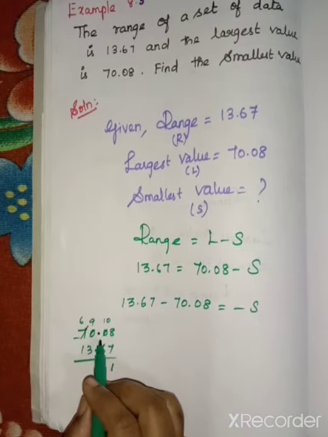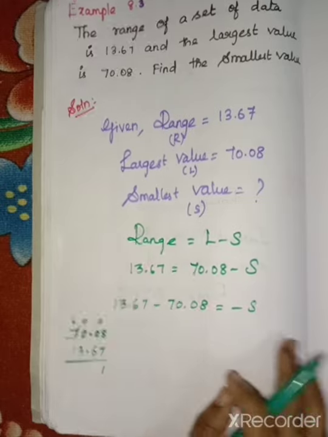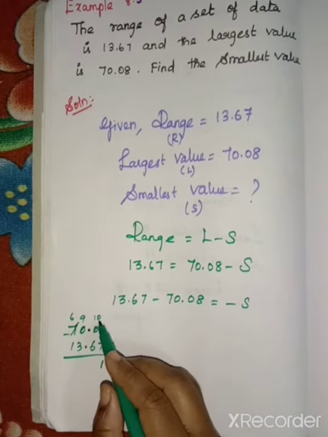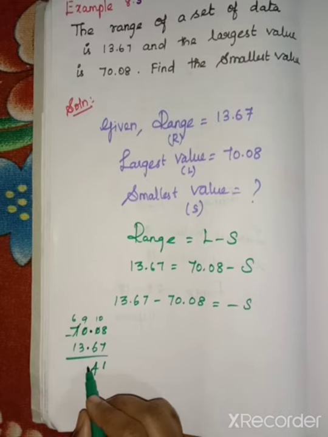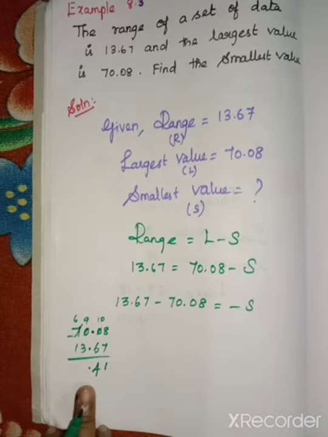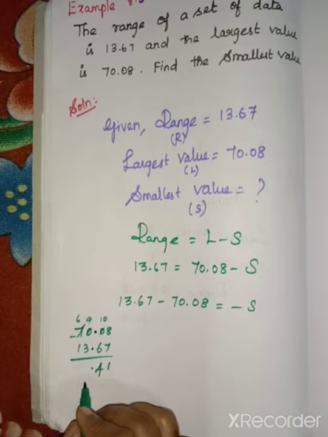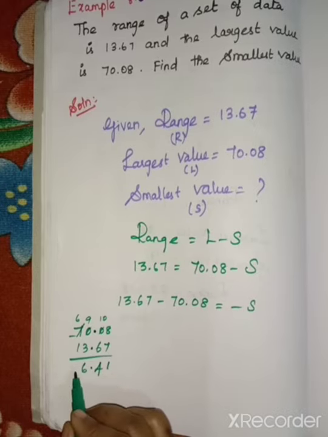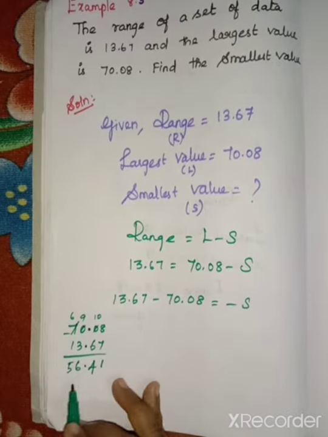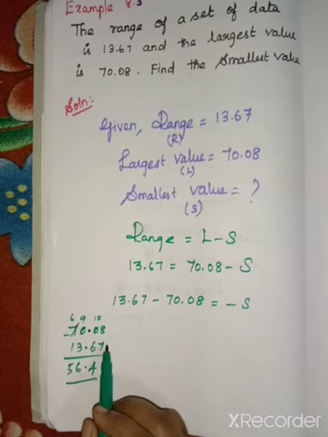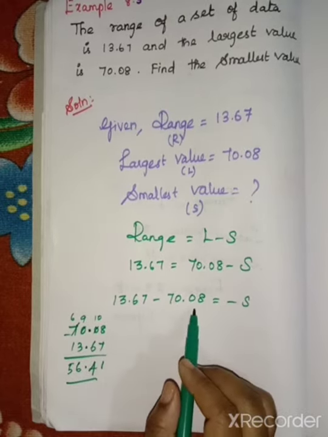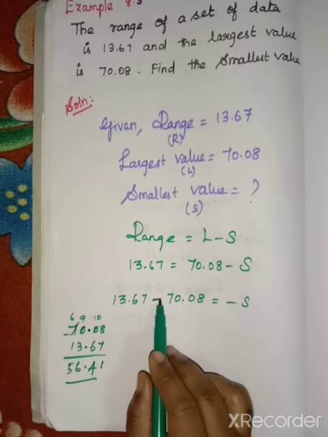Decimal is not a problem. You have to borrow as usual for the subtraction. So 10 minus 6 is 4. 9 minus 3, before that we write the decimal, so 9 minus 3 is 6. 6 minus 1 is 5. So the value is 56.41. Which one is greater? That is 70.08, so the sign is minus.